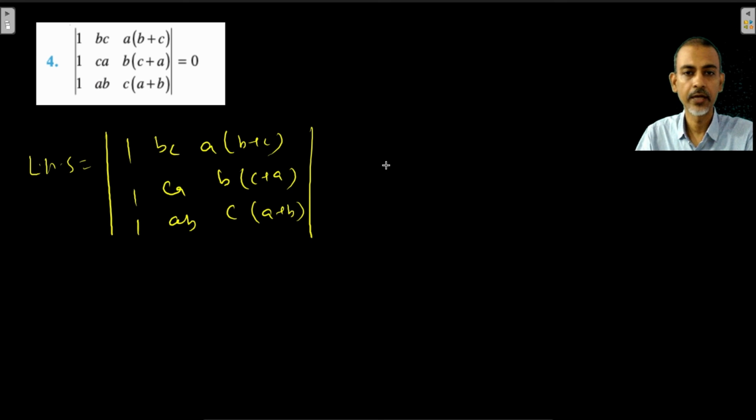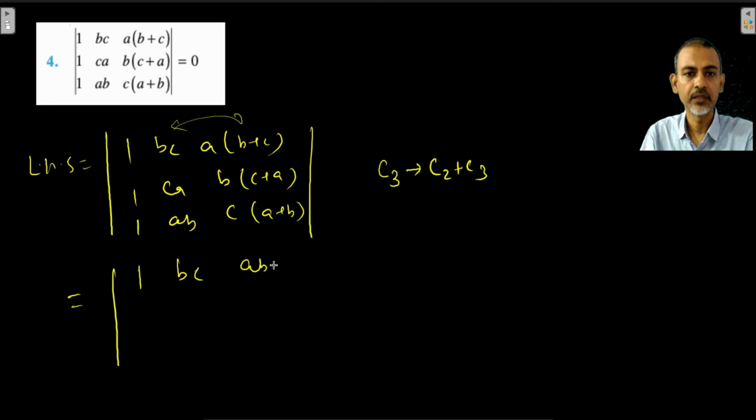If you look at column C3, if I just do C2 plus C3, what will happen to this column? Let's see, if you do C2 plus C3 over here, we will write 1, BC, and then it will become AB plus AC plus BC.